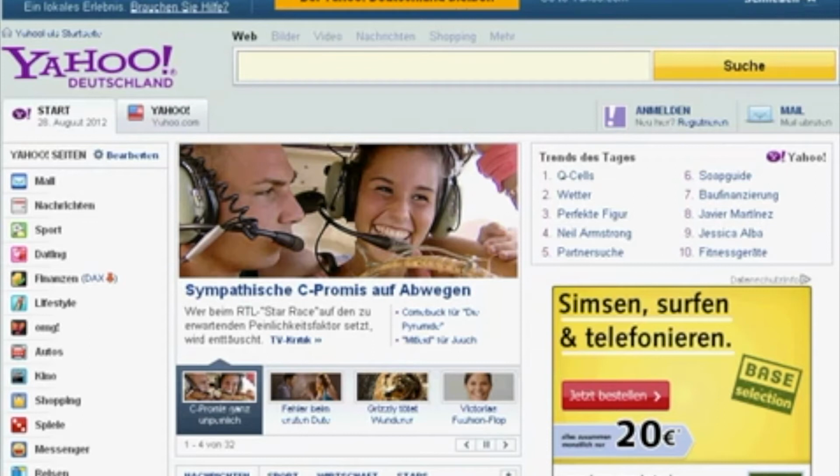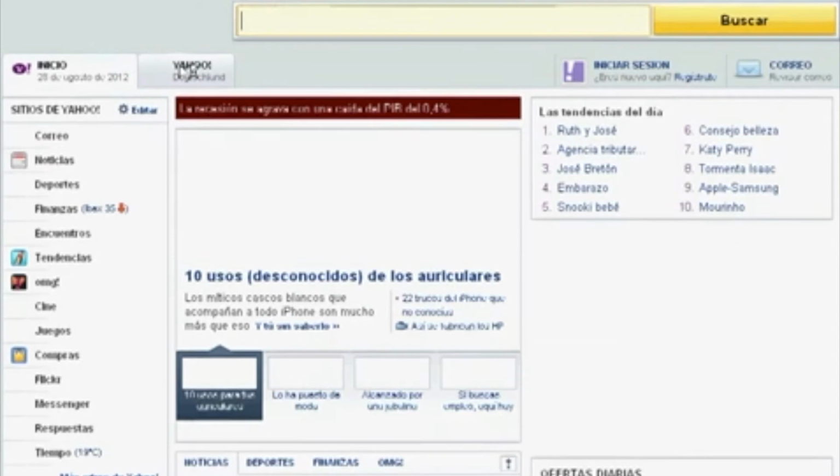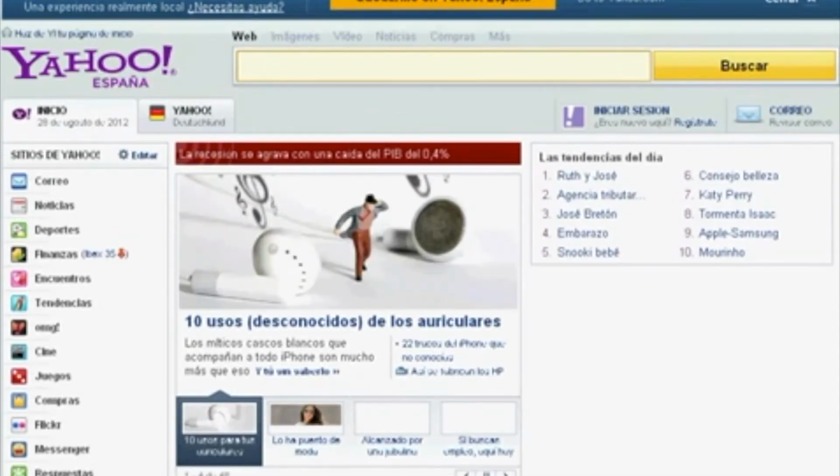I presume if I go and do ES, I would probably get the Spanish Yahoo. Yeah, there you go, Yahoo España. And so now here is a further subdivision of yahoo.com, the Spanish service in its own subdomain, and so on.